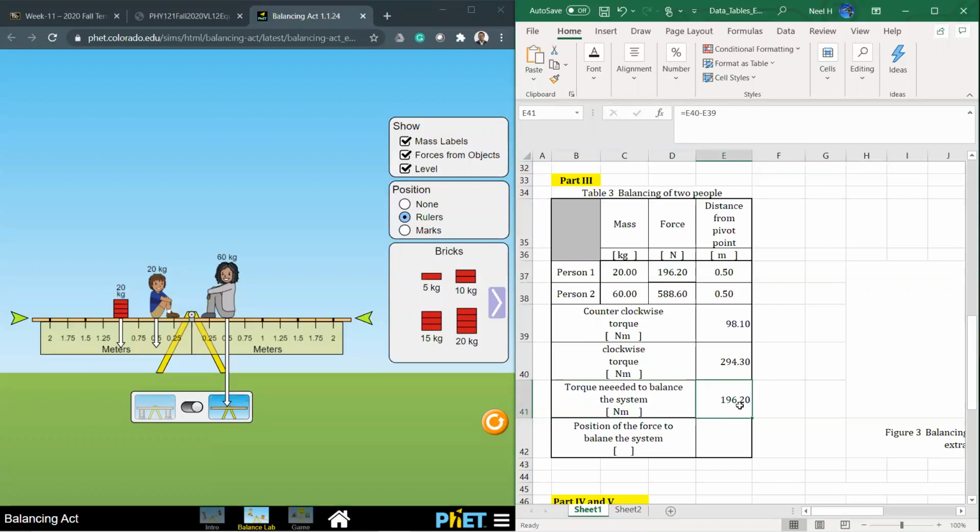I don't have a particular space there, but you can write here: the mass needed, M, is 196 divided by 9.81. So let's say the mass is roughly about 20 kilograms. Then if you have 20 kilograms, you need to figure out where it should be applied.